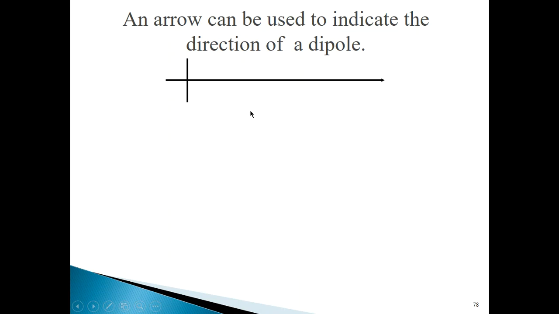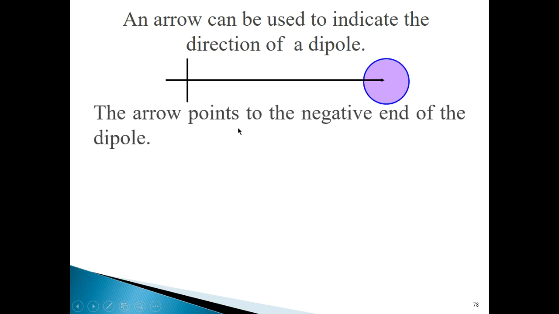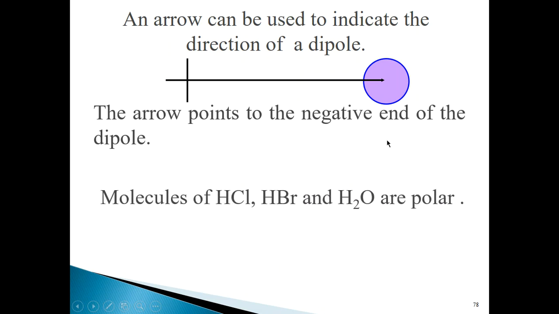So to indicate the direction using a symbol, we use an arrow with a cross at the tail. Whenever you see that, it shows you the direction of a dipole. The arrow points from the positive end of the dipole to the negative end of the dipole.